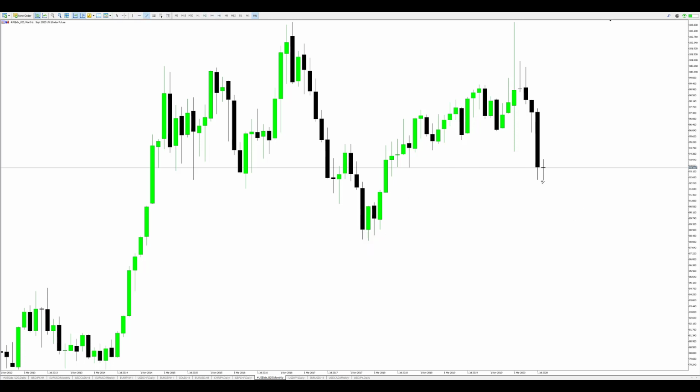Let me highlight the low of our current month, which is coming in at 92,465. That's the current low of this month, where I'm going to expect liquidity to be drawn to.